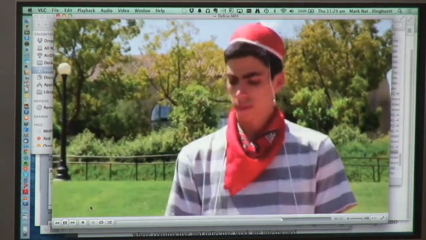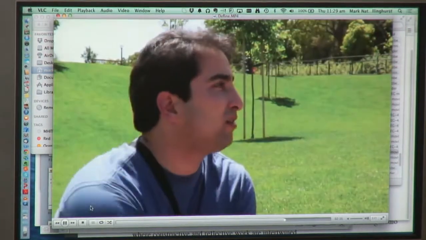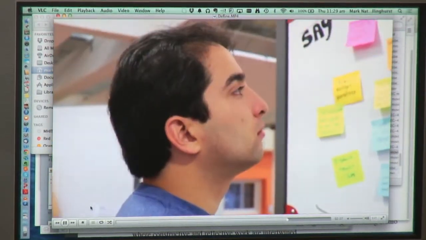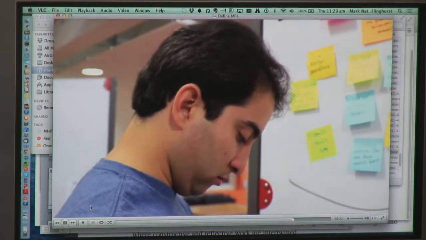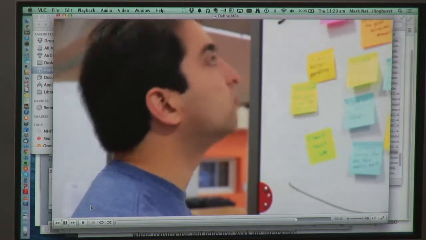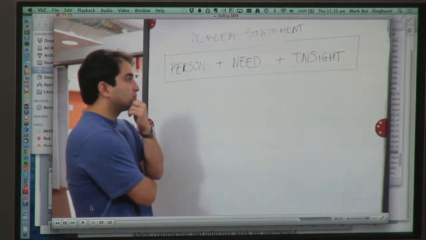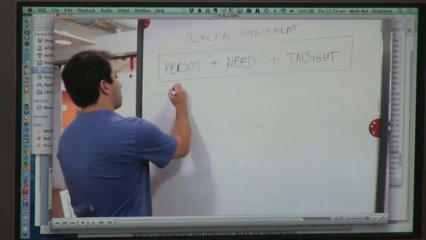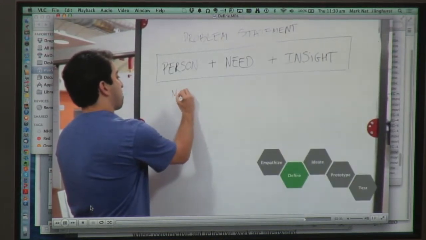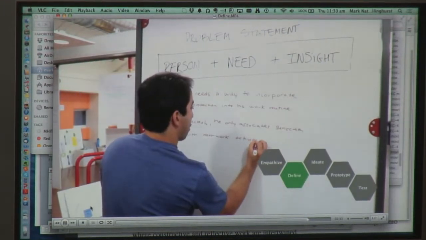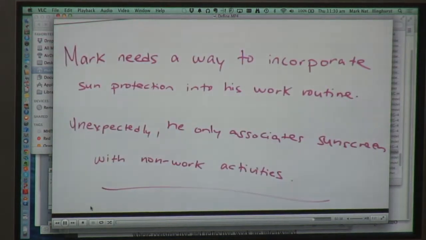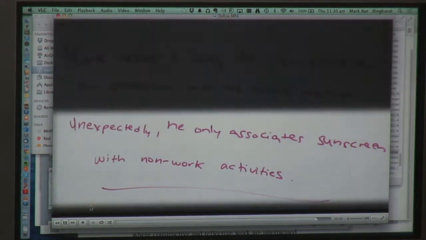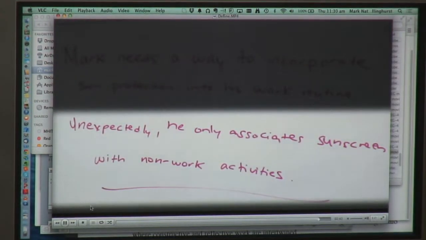Lucas infers from this that the vendor thinks exposure to the sun is not dangerous. Going from observations to inferences will allow Lucas to uncover and define more meaningful, non-obvious problems. Focusing on Mark, the ice cream vendor who spends a lot of time at outdoor events, Lucas composes a problem statement that synthesizes one of Mark's needs related to sun protection. The third element in the problem statement, the insight, captures the inference from the empathy map that led Lucas to that need.